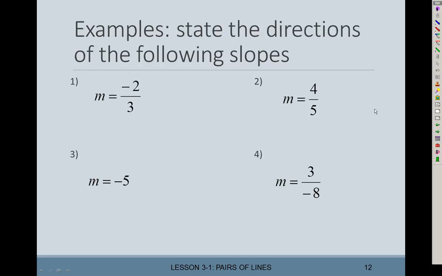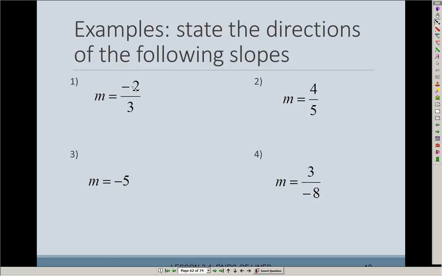So let's see here. State the directions that these slopes will take you. If the slope is -2 over 3, the rise is -2, so I'm going down 2, and the run is +3, so I'm going right 3. If the slope is 4/5, the rise is 4, that's positive, so it goes up. The run is +5, so it goes right.